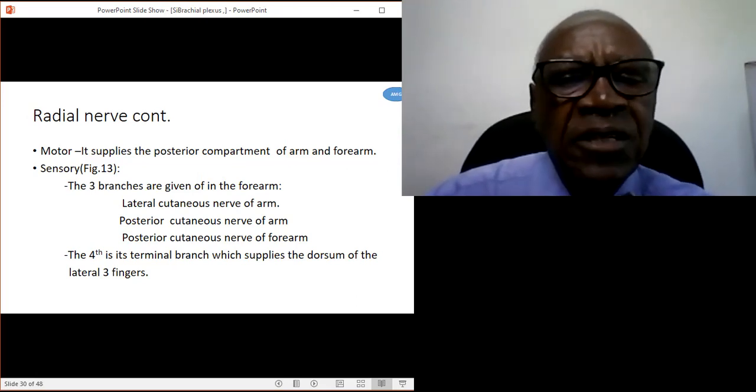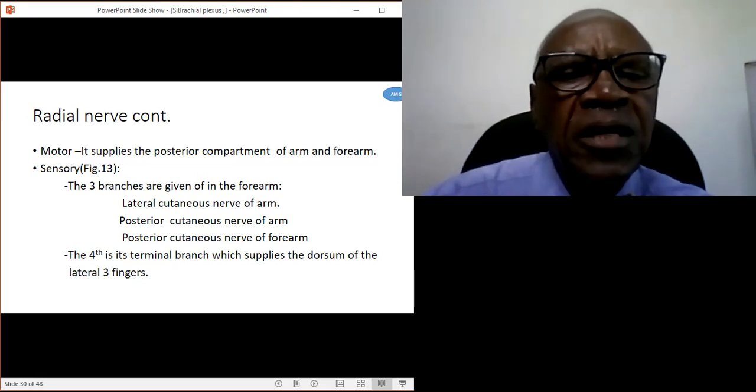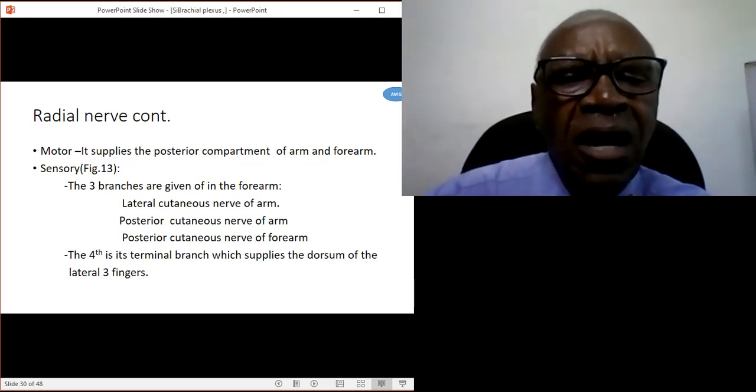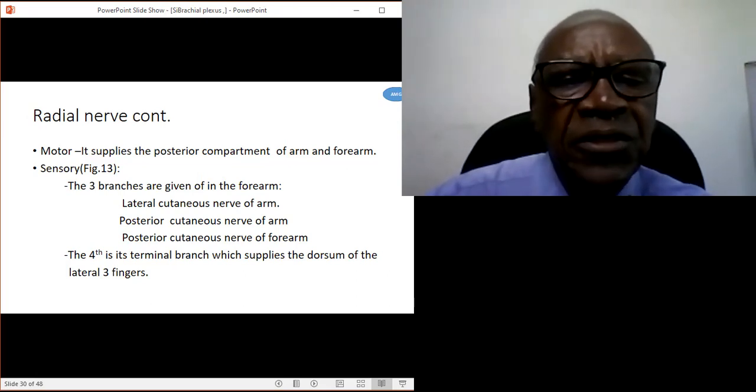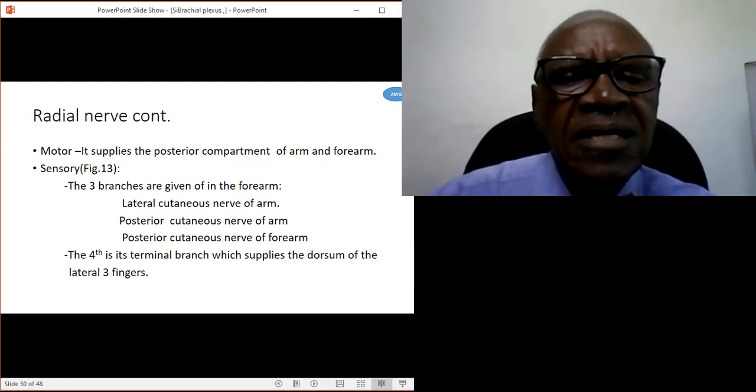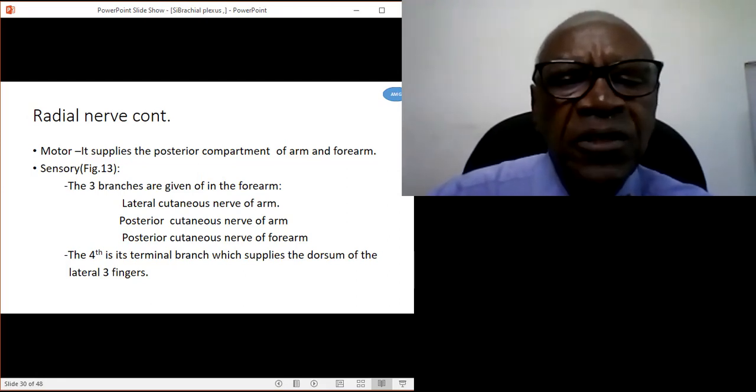Lateral cutaneous nerve of arm, posterior cutaneous nerve of arm, and the posterior cutaneous nerve of forearm. And the 4th branch, which is sensory, is given as its terminal branch, which supplies the dorsum of the lateral 3 fingers.